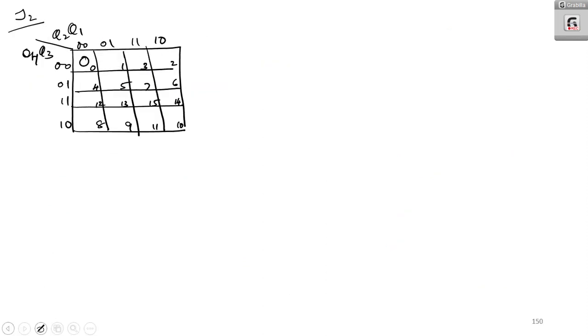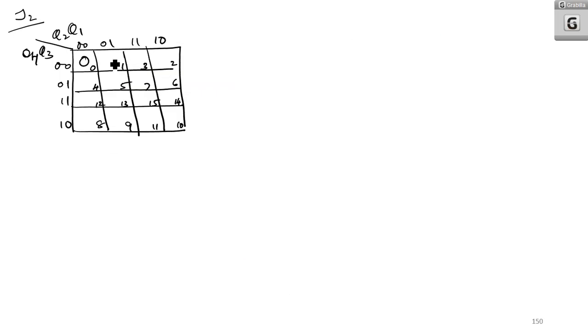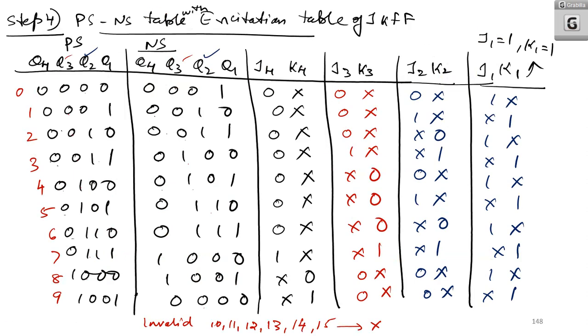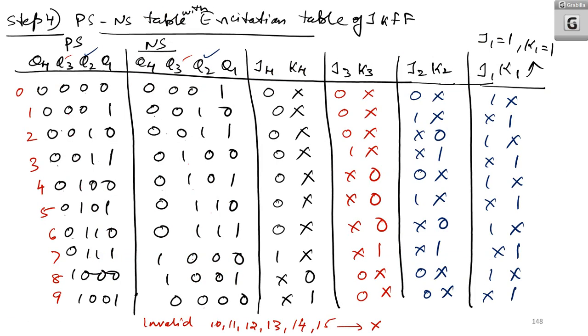Cell 4 is 0, 5 is 1, and 6 and 7 are don't care.